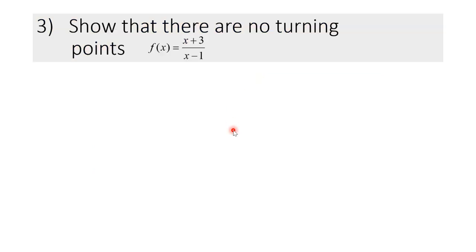What is the next question? Show that there are no turning points. So if I'm going to show that there are no turning points, either, like we had in the question before, we're going to get a quadratic in the numerator that provides us with imaginary roots, or we're going to get a numerator that is a constant.